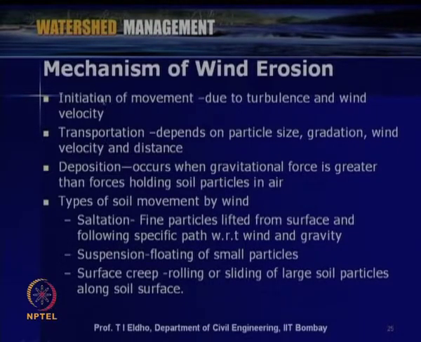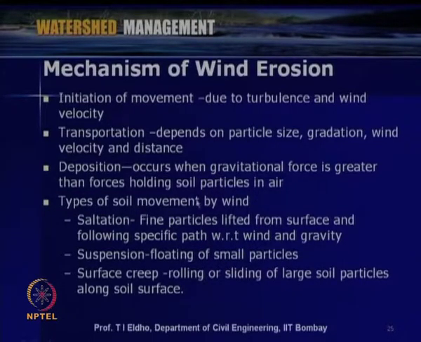Next is transportation, which depends on the particle size. If the soil particle is fine, then the transportation rate will be higher, and it also depends on gradation, wind velocity and distance. The third mechanism is deposition, which occurs when gravitational force is greater than the forces holding soil particles in air. Especially when the wind velocity comes down, deposition takes place.